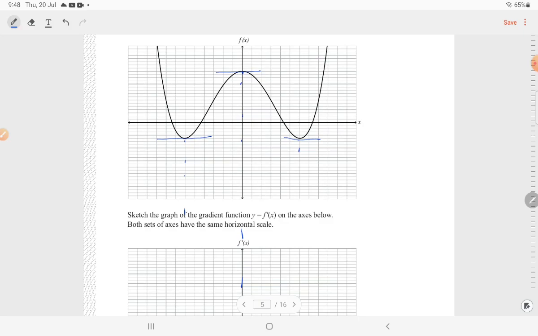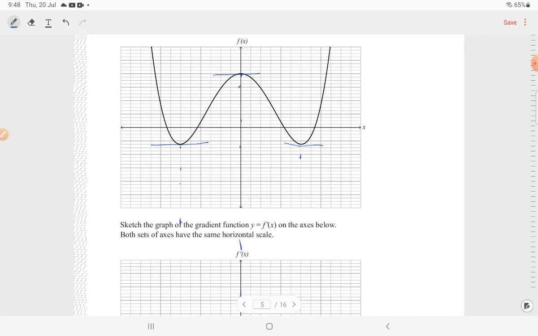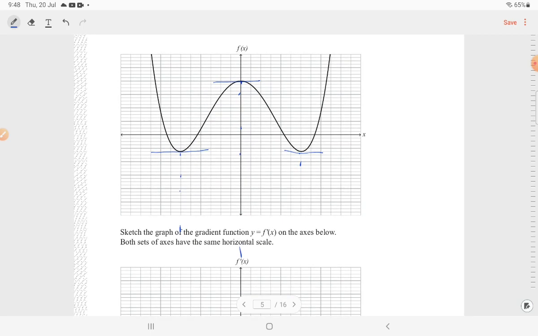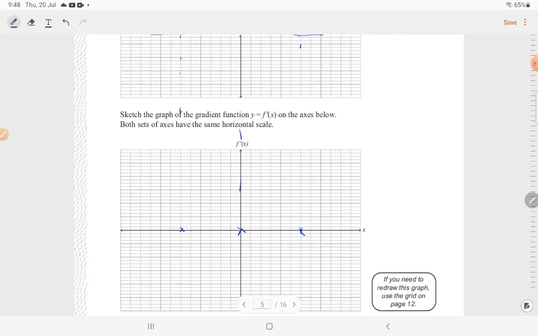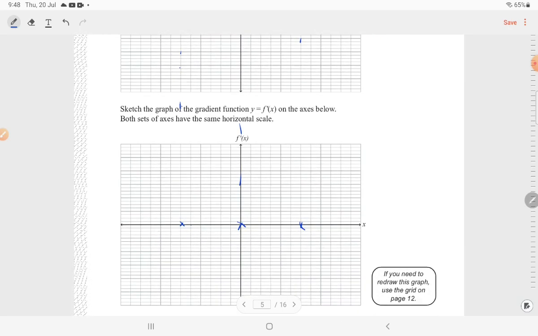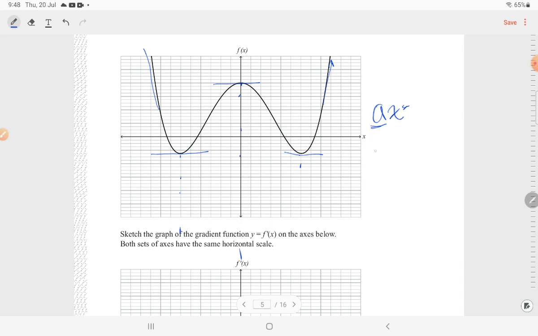Then, by the way, this is a quartic, and since this is continuously going up, the constant in front of the x to the 4 is always positive.